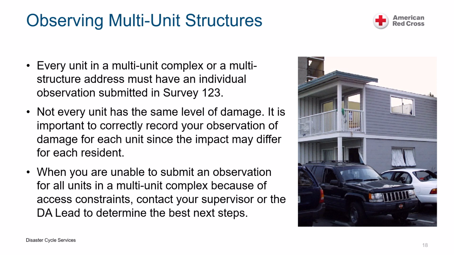When a unique address, unit, or lot number is not available, use indicators like A, B, and C in place of a unit or lot number to distinguish between residences. Not every unit has the same level of damage. It's important to correctly record your observations of damage for each unit since the impact may differ for each residence.